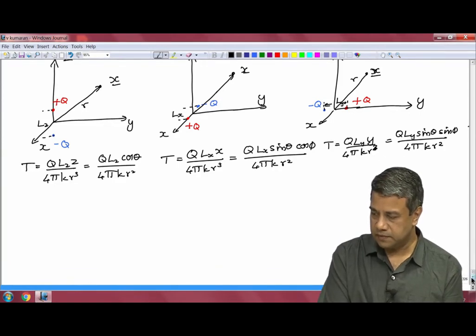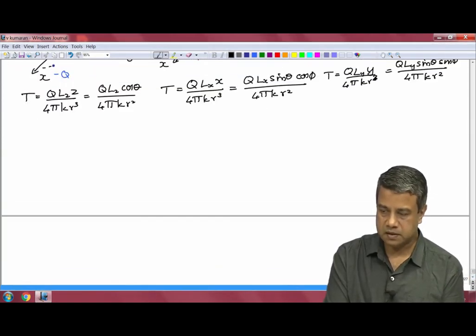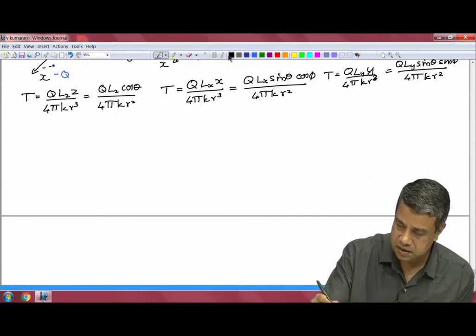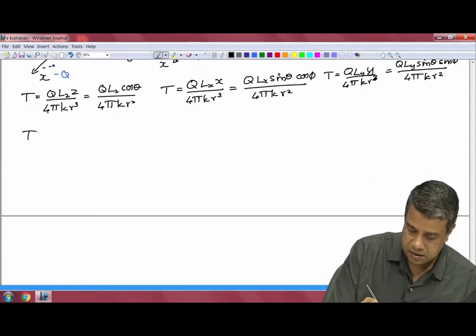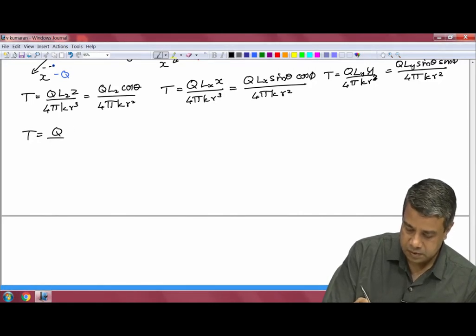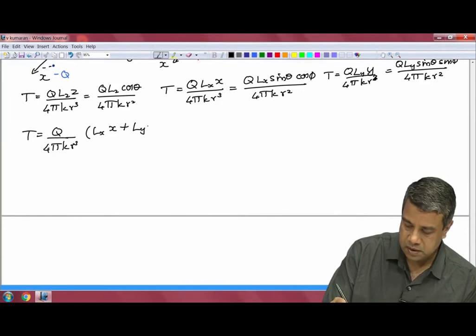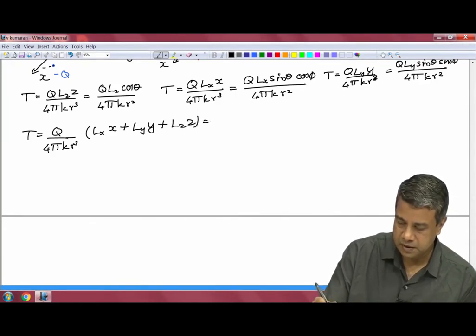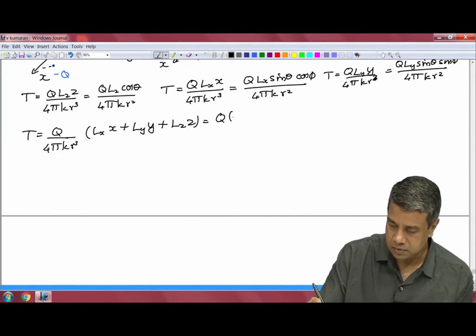If the temperature field is due to a combination of these sources and sinks, then I can write T is equal to Q into Lx x plus Ly y plus Lz z, which is equal to Q into L vector dotted with x vector.